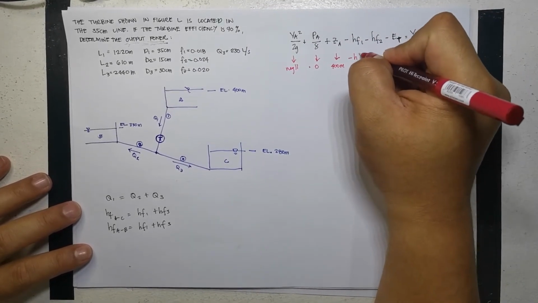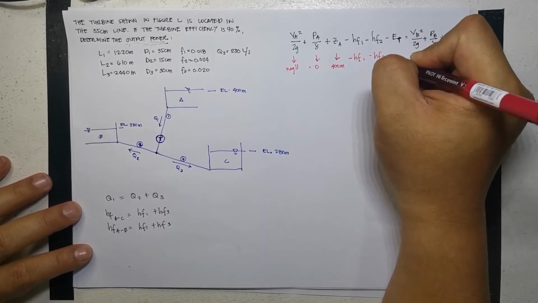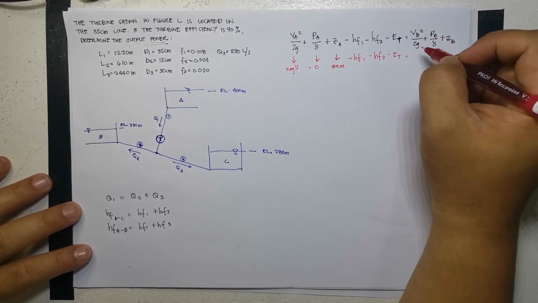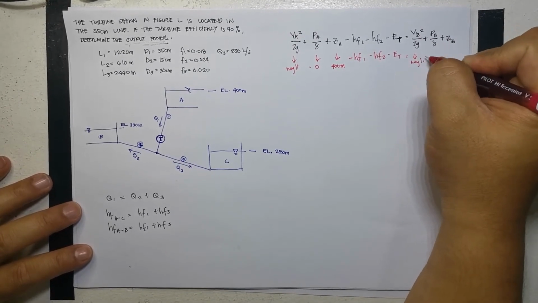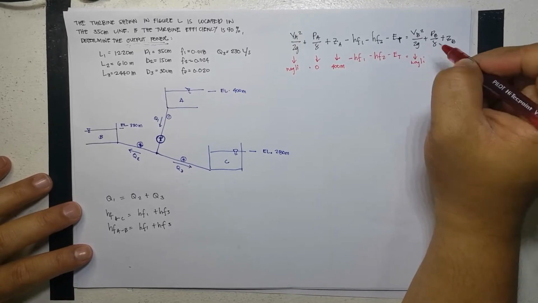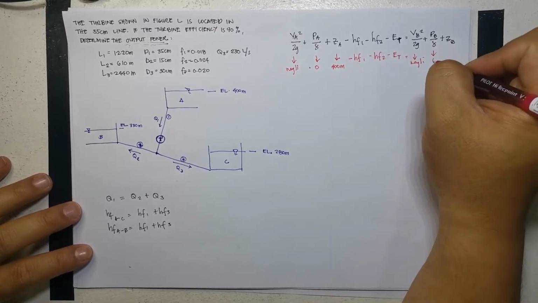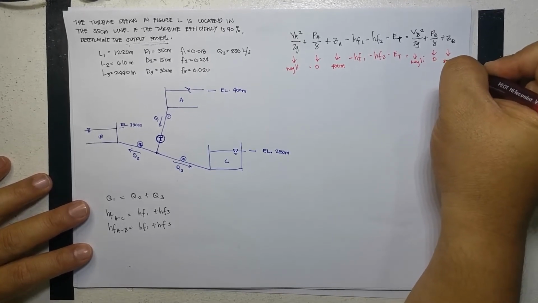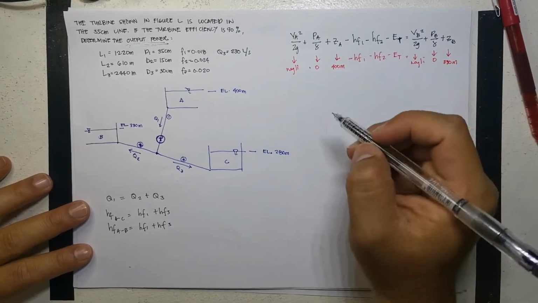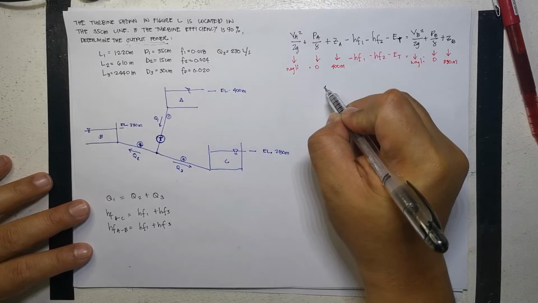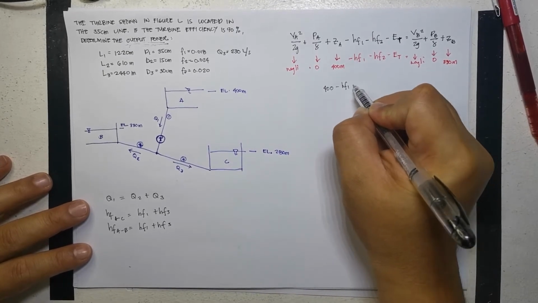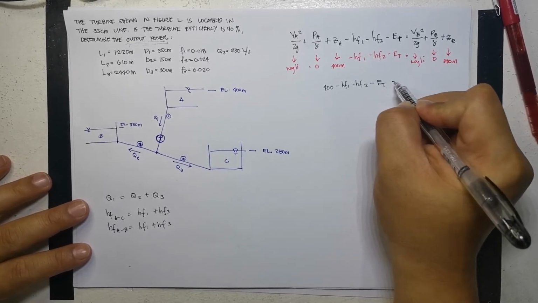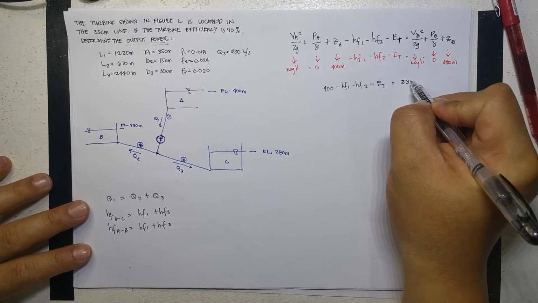And HF1, makukuha natin siya. HF2, makukuha natin. And si ET, masosolve natin. Tapos, si VB squared is negligible. PB is 0. And ZB is 330. So, pag sinimplify natin yan, ang tira sa atin is 400 minus HF1 minus HF2 minus ET is equal to 330 meters.